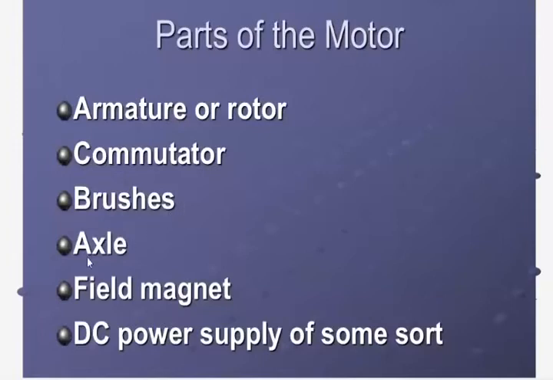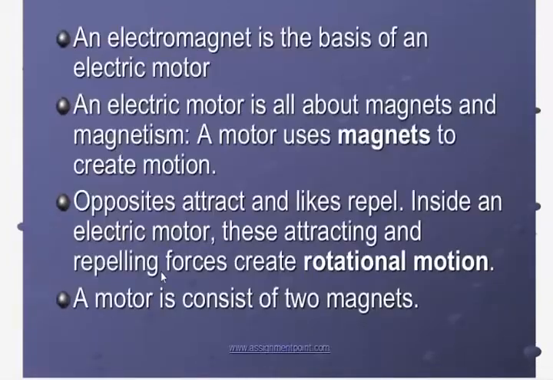And next one is axle. Axle passes exactly in the midway of the frame or the coil. And next one is field magnet. This is the permanent strong field magnet placed in terms of bar magnet here.